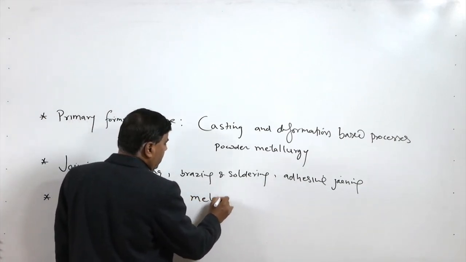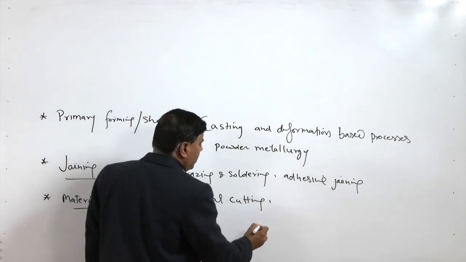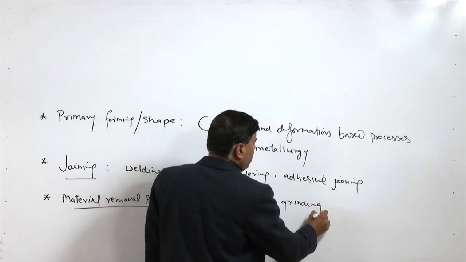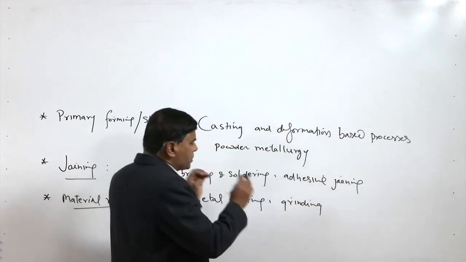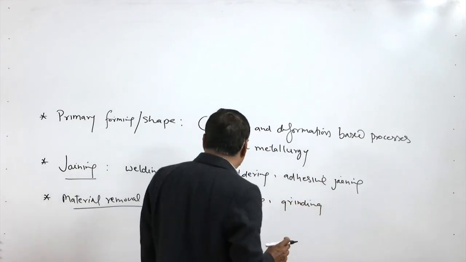In this category, primarily there is metal cutting, and then we can say grinding. All the close control over the dimensions as well as finish is achieved through grinding.